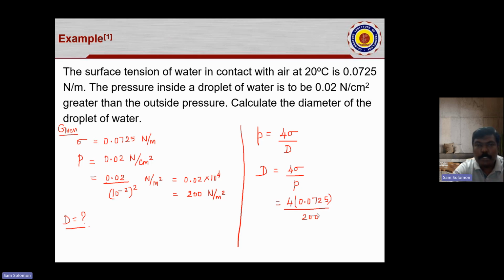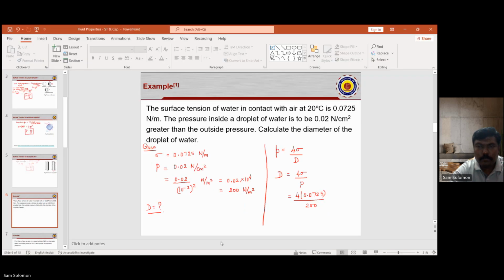So let me use the calculator over here. It is 4 times 0.0725 whole divided by 200.